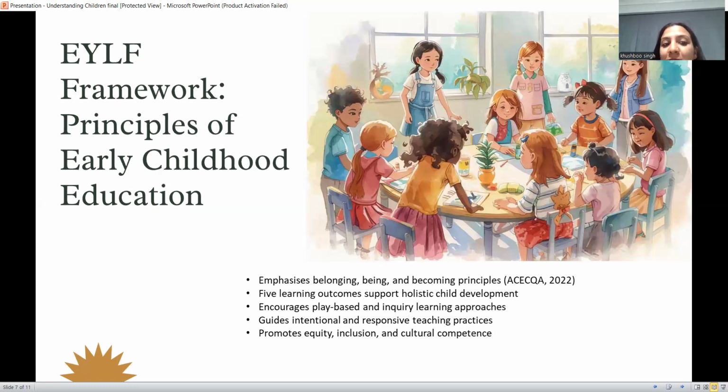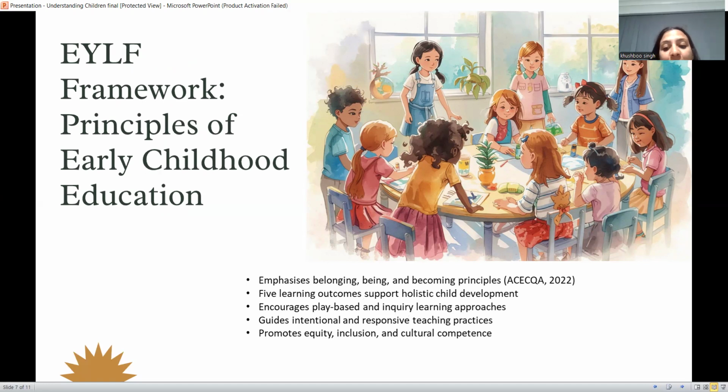EYLF Framework: Principles of Early Childhood Education. The Australian Children's Education and Care Quality Authority, 2022, documents the Early Years Learning Framework and states that belonging, being, and becoming are the three core elements of early childhood education.